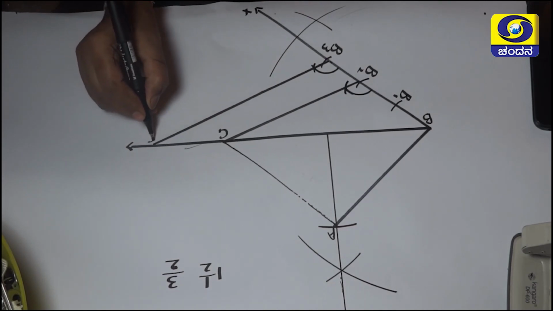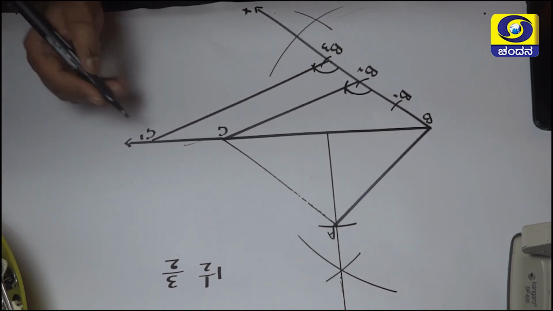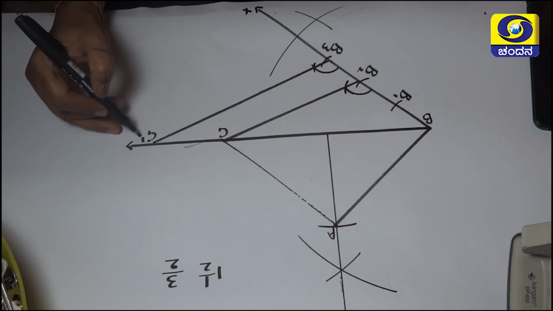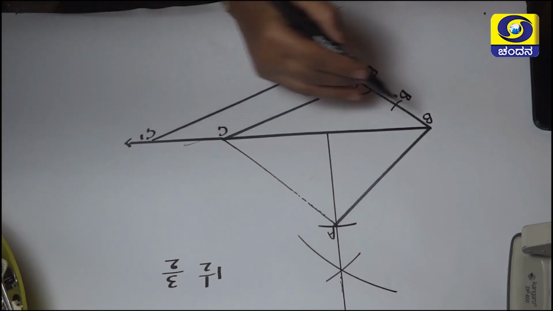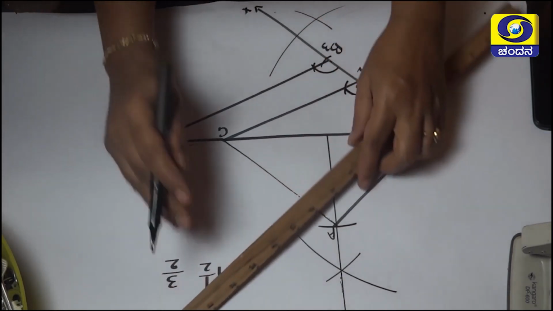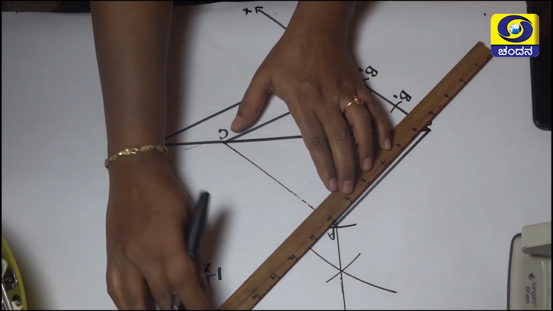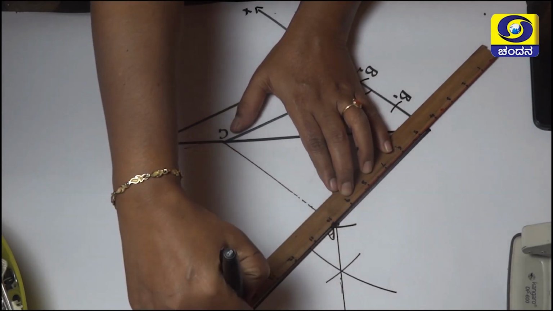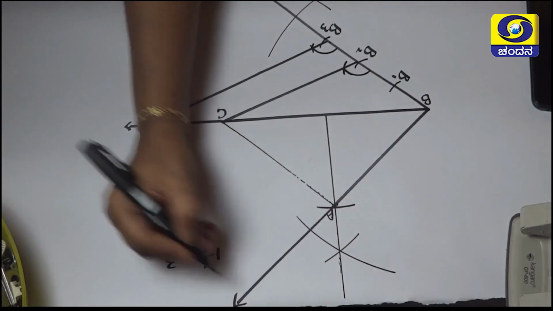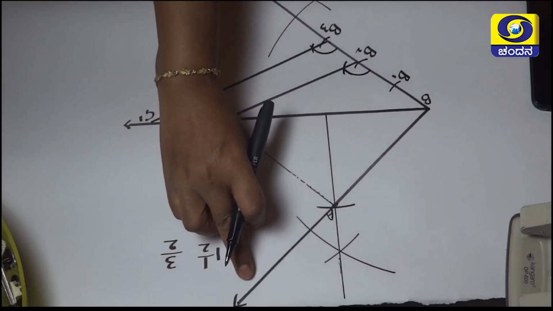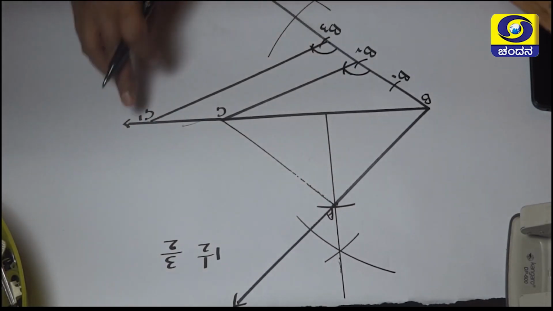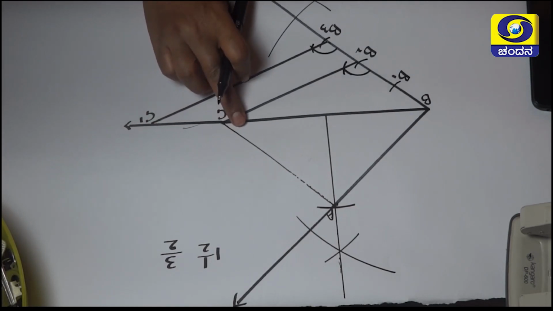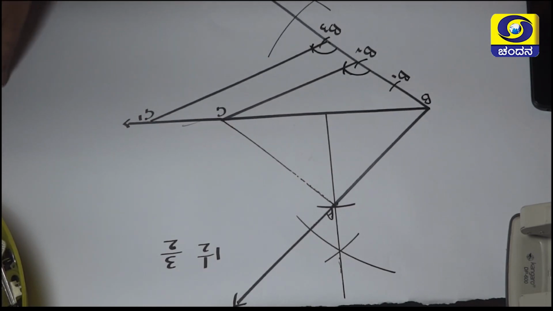Name this point as C dash. Now our point is to join this point C dash to extended part of AB. Let me extend this line AB. To join C dash to extended part of AB, let me copy the angle formed here at point C.